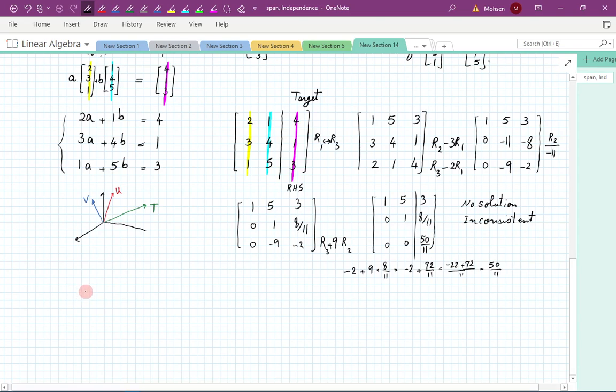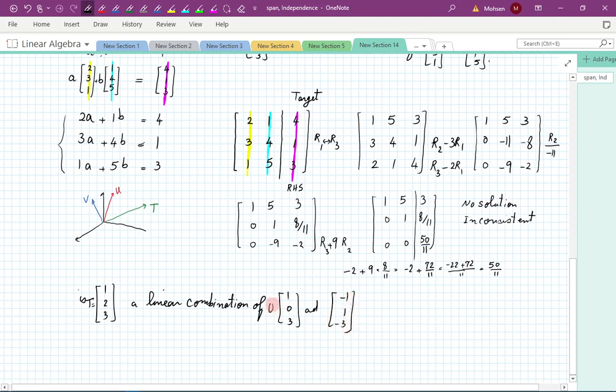So let me give another example. Is a vector 1, 2, 3, let's call it t again, target vector, a linear combination of 1, 0, 3 and let's call this one minus 1, 1, minus 3.